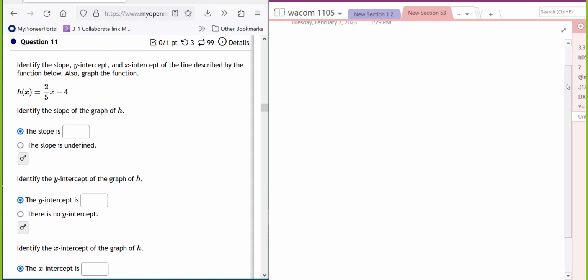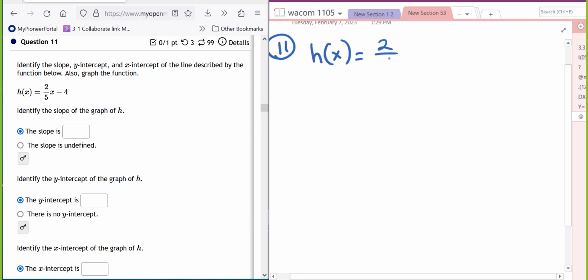Same kind of question, really. They're giving you a function in function notation. But it is a line. Y equals 2/5 x minus 4. Right, so your slope, you read your slope right off.